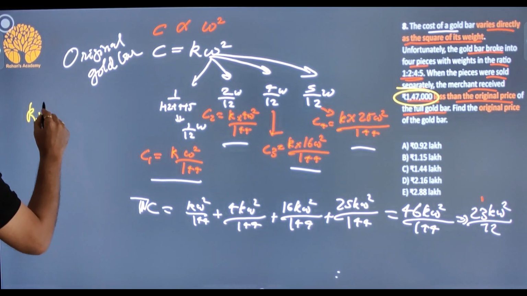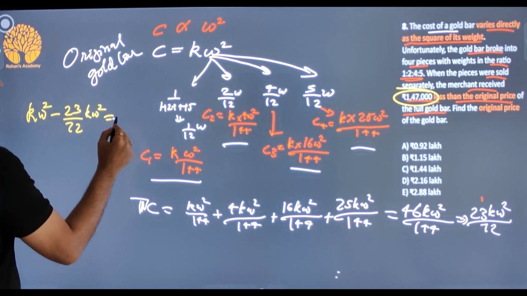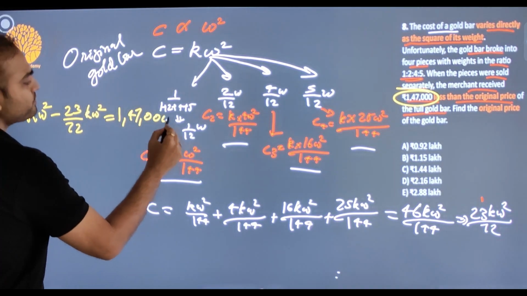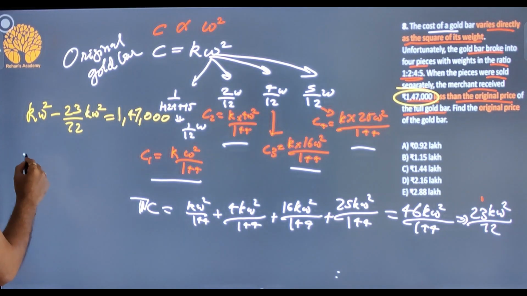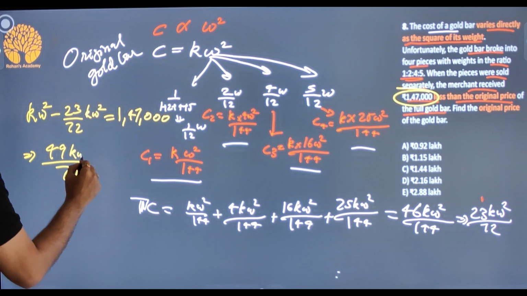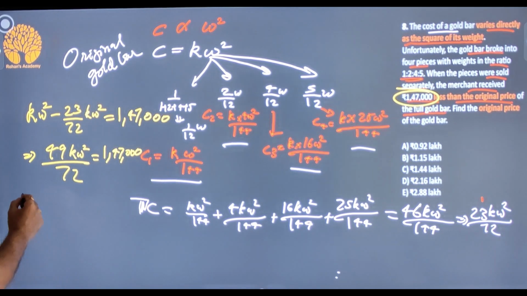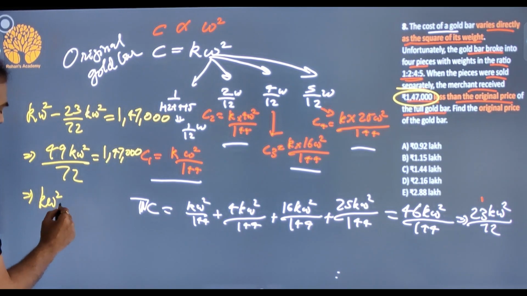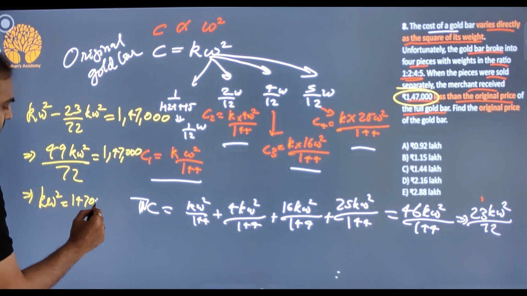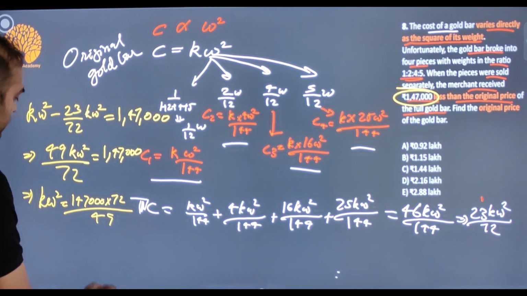Original price minus the new combined price is 1,47,000. Okay, take LCM and solve. That is 49 KW square by 72 is equal to 1,47,000. KW square is equal to 1,47,000 times 72 by 49.